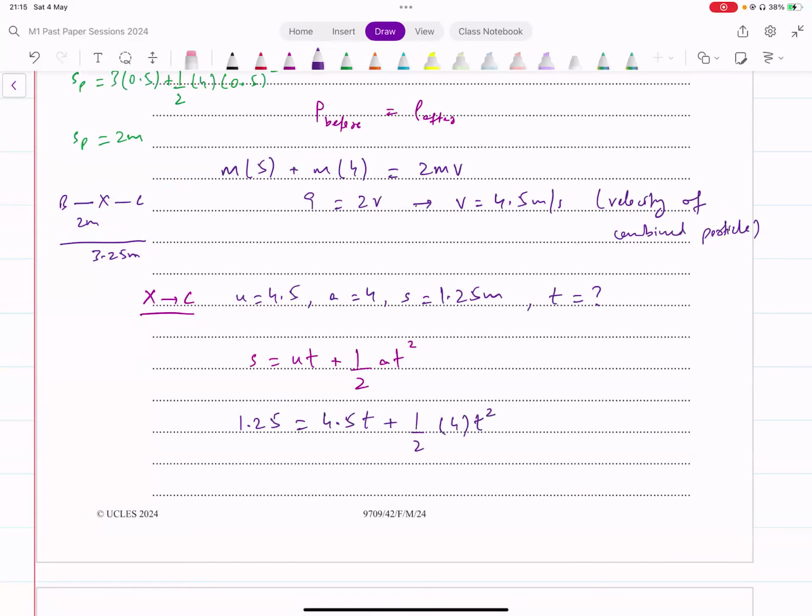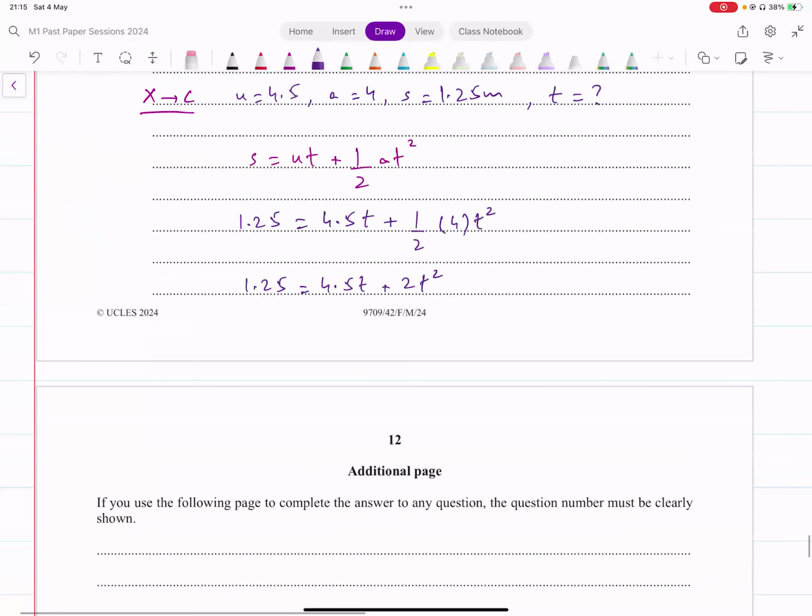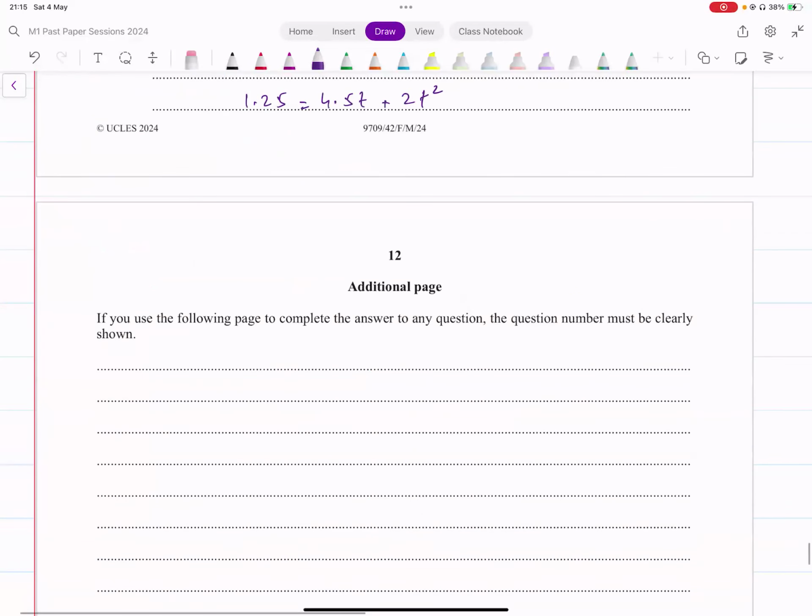This is what we get, and that gives us 1.25 equals 4.5 times T plus 2T squared. That's a quadratic equation that we get from this. 2T squared plus 4.5T minus 1.25 equal to 0.